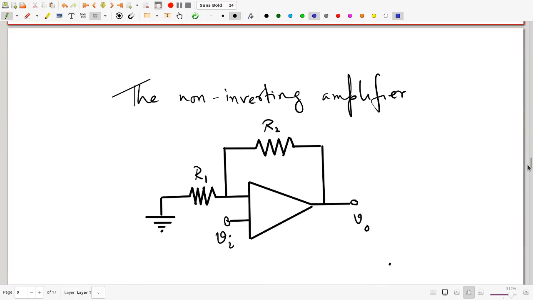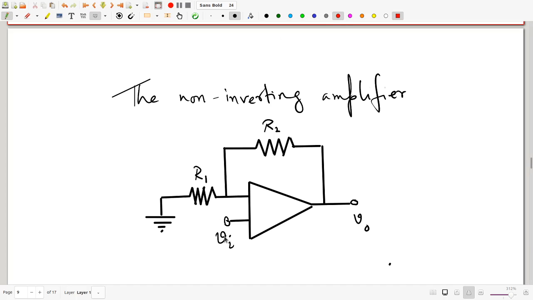If you look at this carefully, it's essentially the same circuit as the inverting amplifier, except that here this end is grounded instead of putting the Vi here, which we did for the inverting amplifier, and the non-inverting input is not grounded. That's where you have to give your input voltage. So now let's quickly analyze what the output of this circuit will be, and I'm going to just do the calculation on the circuit itself.